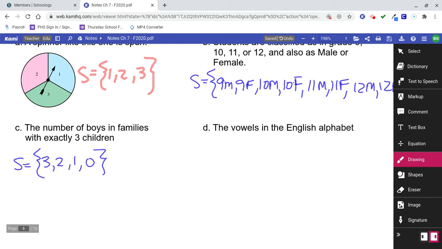Usually I'll write them in increasing order, but I suppose it doesn't really matter. The number of elements in that sample space is 4, of course. And then part D, the vowels in the English language are A, E, I, O, U. I'm not counting Y. I see 5 elements in that set of vowels.